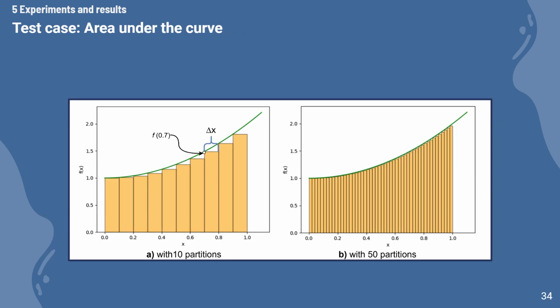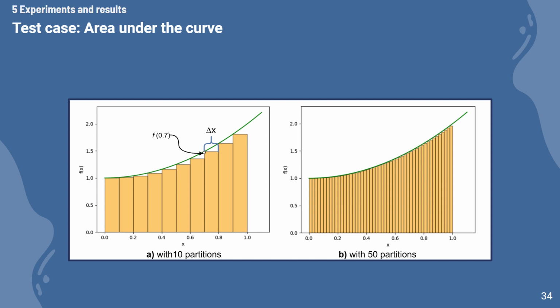The second test case is the calculation of the area under the curve. In this problem, the Riemann-Sum technique is used to approximate the area under the curve of a function in an interval. Riemann sums are a mathematical tool that allows estimating areas using a very small partition of the interval and taking the value of the function of each subinterval as an approximation of the height of the rectangle.